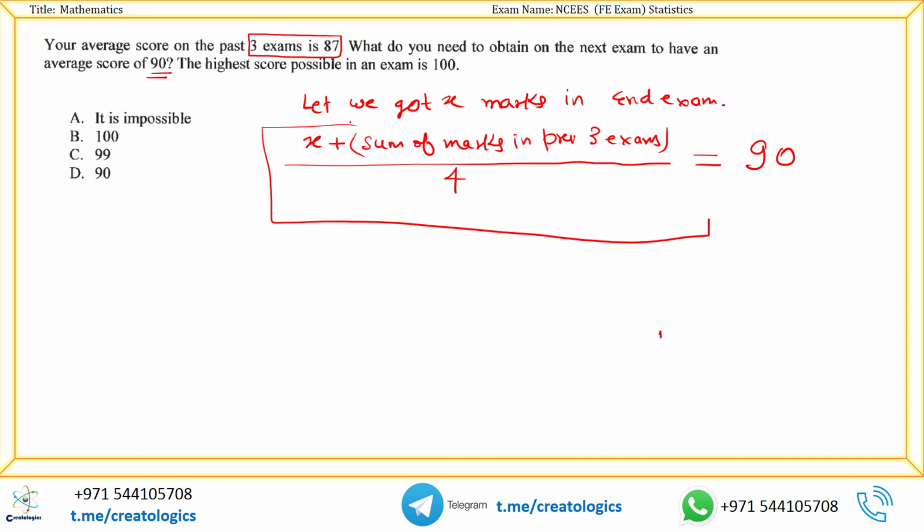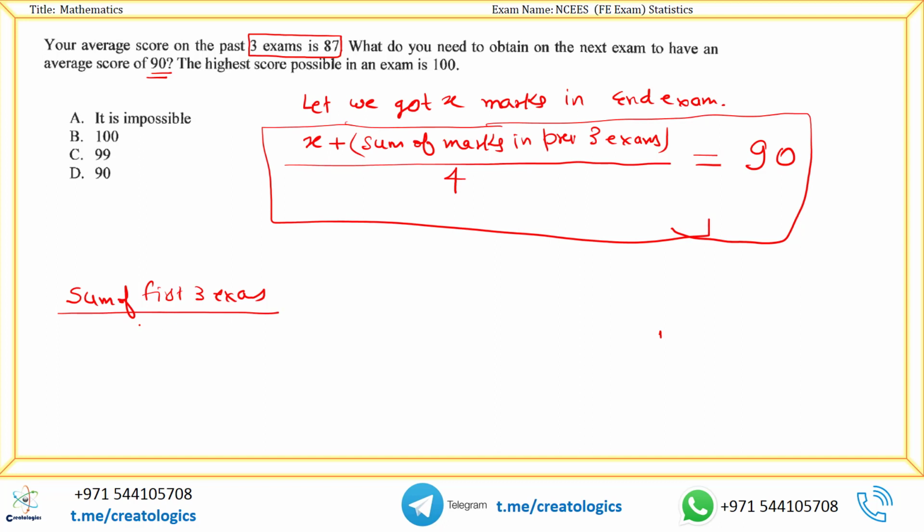Now we have this also. The mean of the first three exams is 87. It means the sum of scores of the three exams divided by 3 is equal to 87.